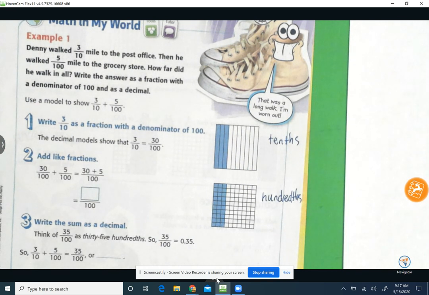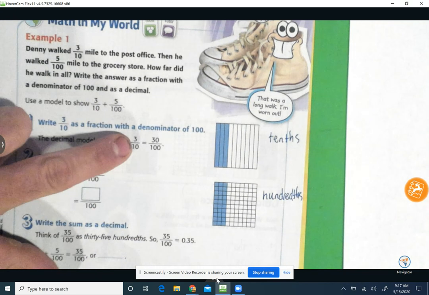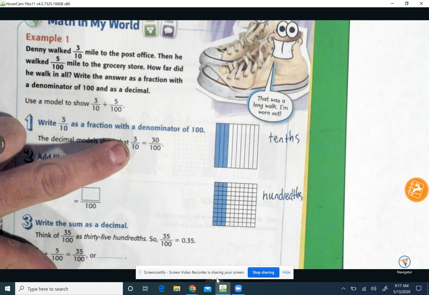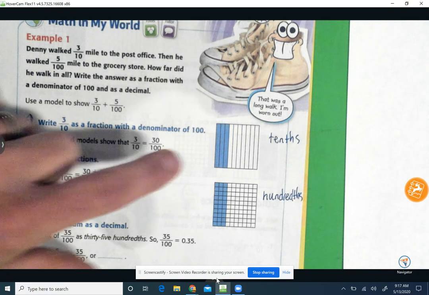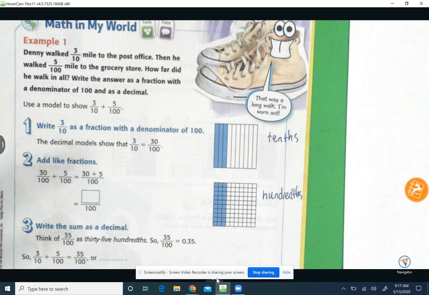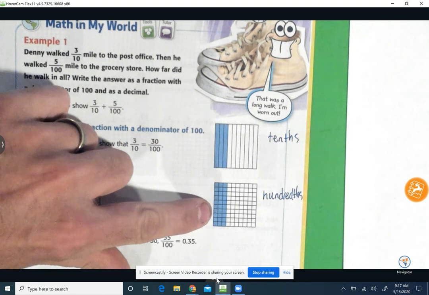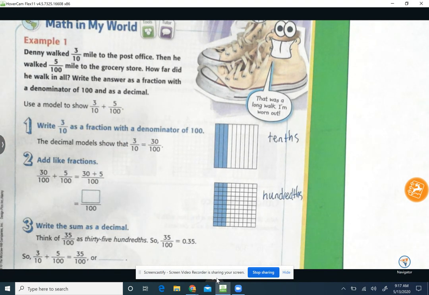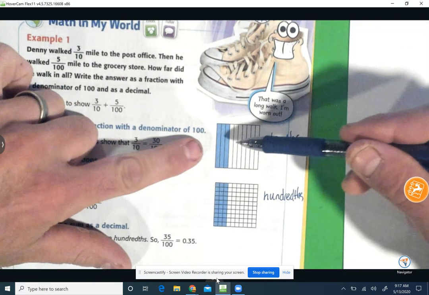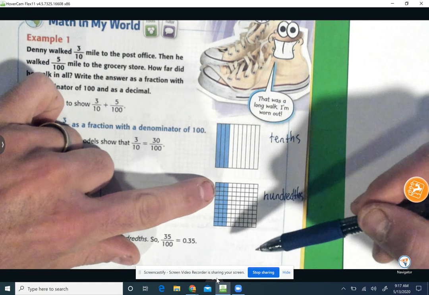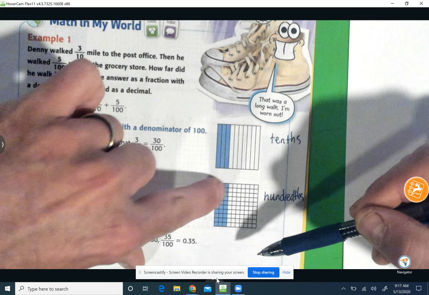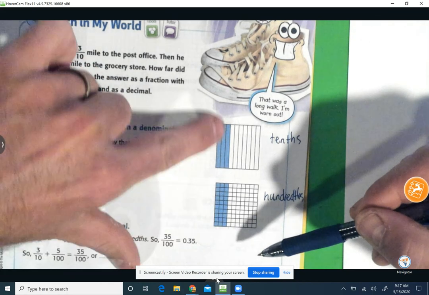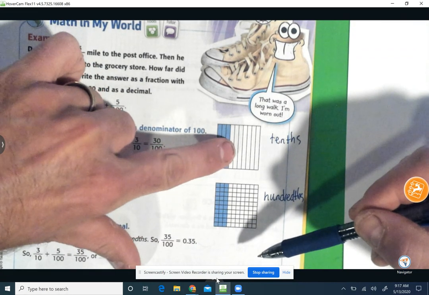So what we're asking ourselves, in order to change 3/10 to a denominator of 100, all we have to do is understand that tenths and hundredths are so connected, very, very similar. You can see that each bar of the hundredths, even though it has little tiny cubes in there, is the same size as the bar in the tenths.